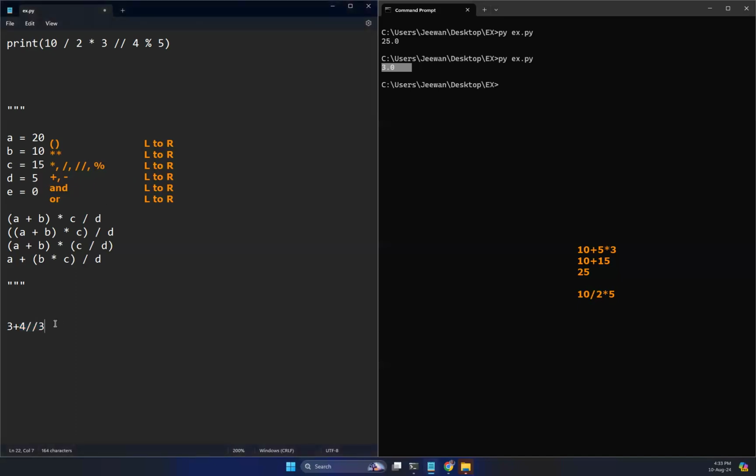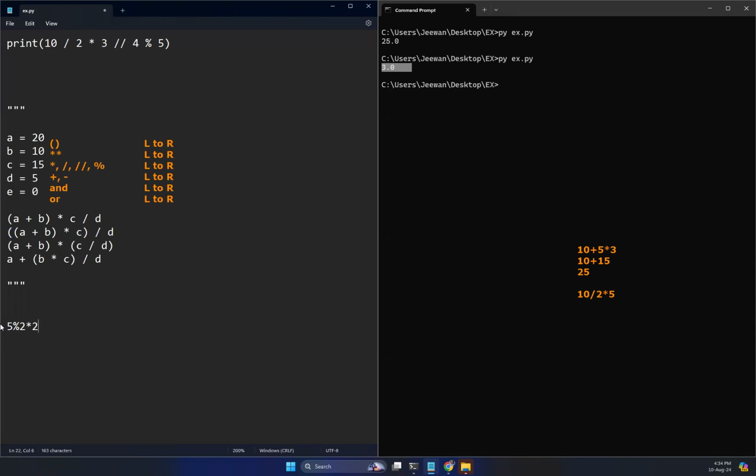Okay, then let's say 5 modulus 2 to the power 2.